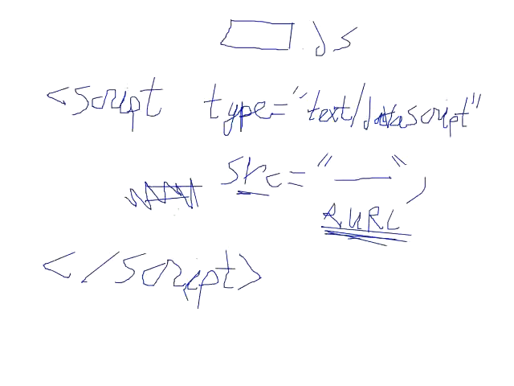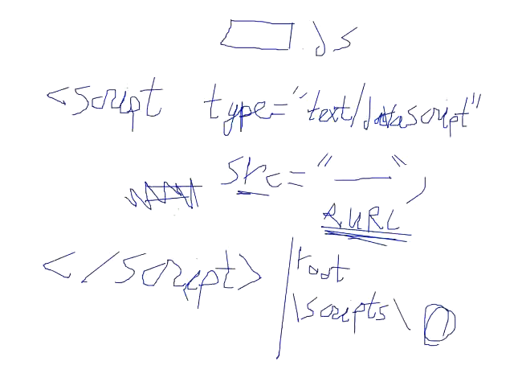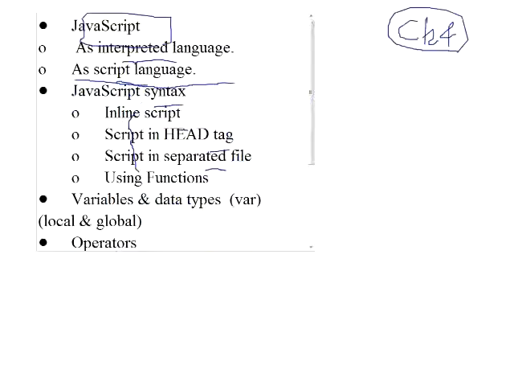Usually, in your root on the web server, you create a folder called scripts, and you can put all your script files inside this folder and link them to your files. That's how it can be done.